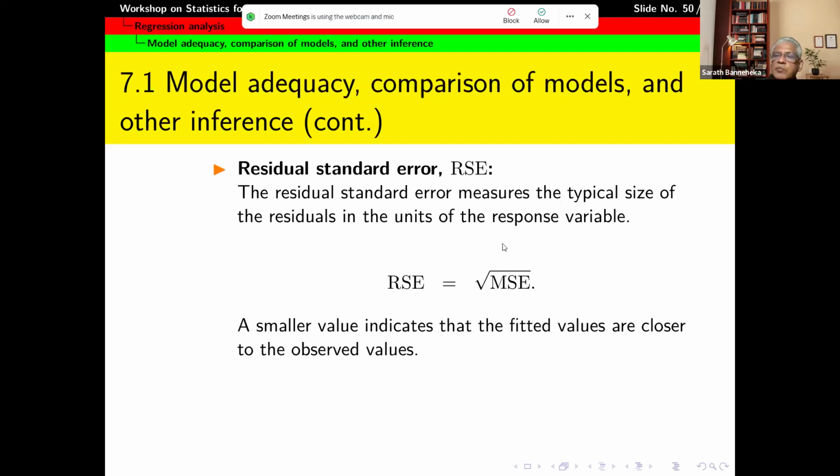This has the same units as the y variable. So if the y's are in kilograms, this will also be in kilograms, so it is easy to interpret. A smaller value of residual standard error indicates a better fit, meaning the fitted y values are close to the observed y values.